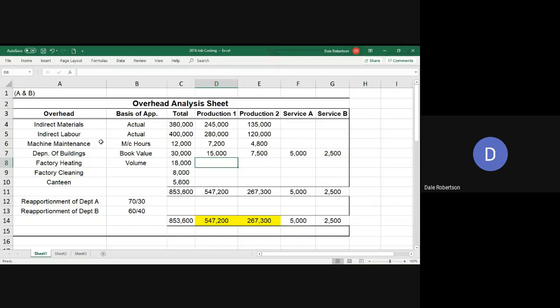The total, of course, is 6,000. So therefore, to split that down, you're going to be getting 9,000, 4.5, 3,000, and 1,500.